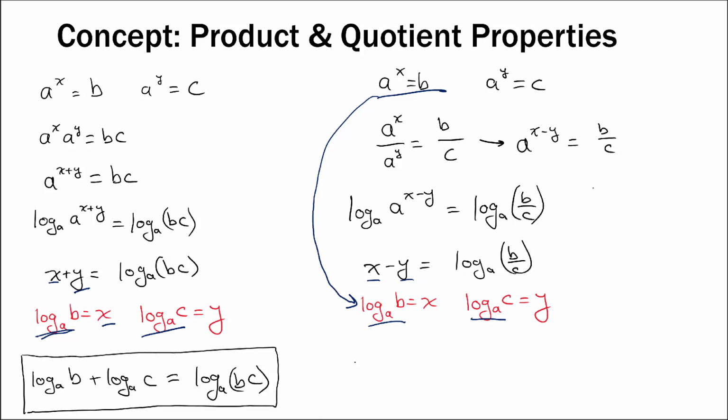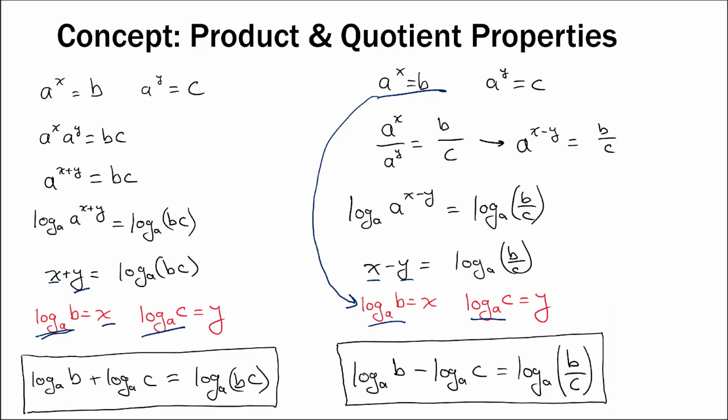And we can see that our final property shows us, there we go, log base a of b minus log base a of c equals log base a of b divided by c. So if I have log of some base, and then I have division inside the logarithm, then I can go ahead and break that up into separate logarithms with subtraction. So that is my quotient property.